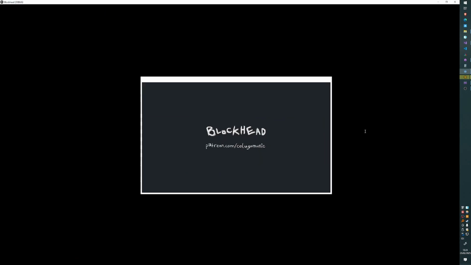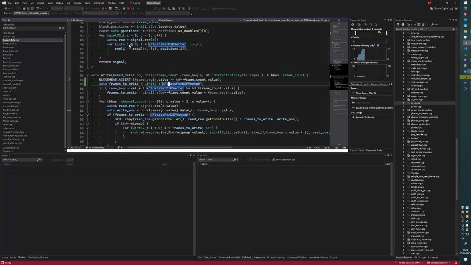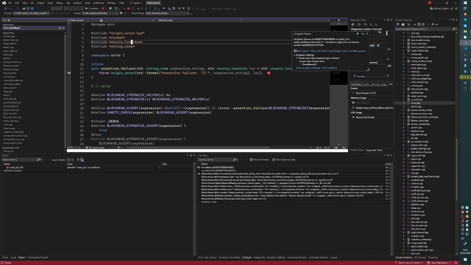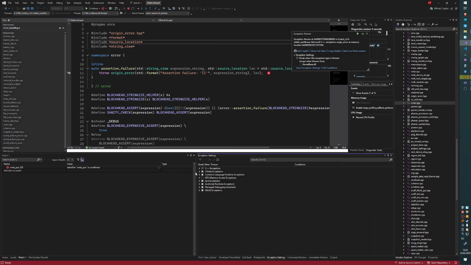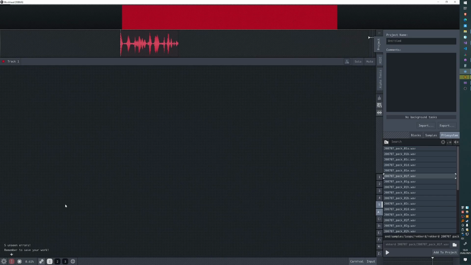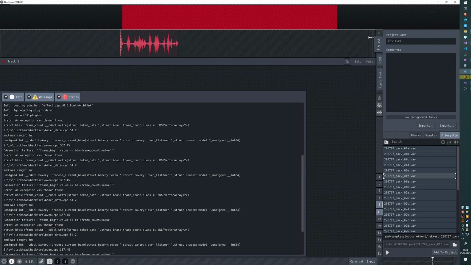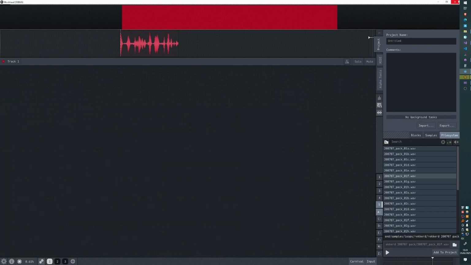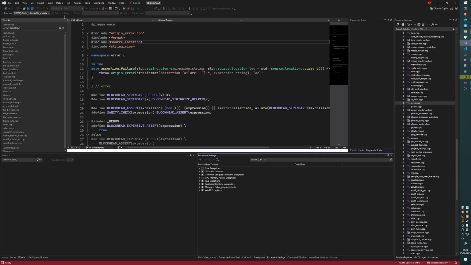So now we should at least get an exception thrown, and we do, which is much better because then it just prints stuff to this log instead of crashing. So now we can switch back to a debug build.